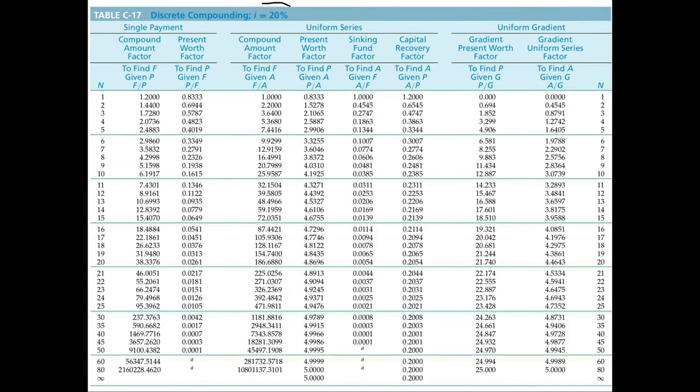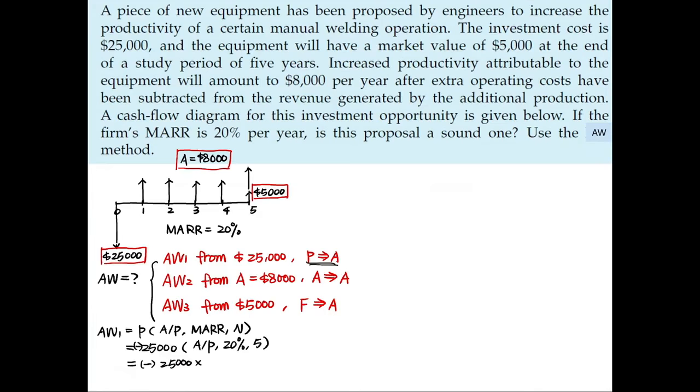The factor is from this table, i equals 20%. It's to find A from P, so this is the column, and number of N is 5. So this is the factor you're going to use: 0.3344. The final result is negative, how much? 8,360.